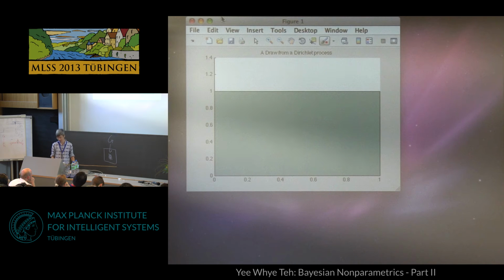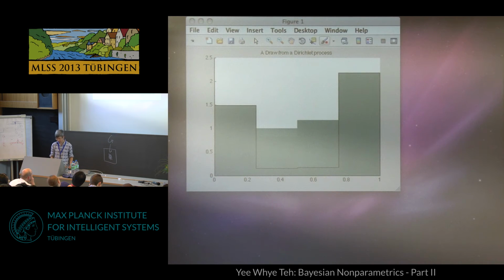And then we could ask, what's the probability that G will assign some mass to this part of the space versus that part of the space? Actually, let me split into four different intervals here.